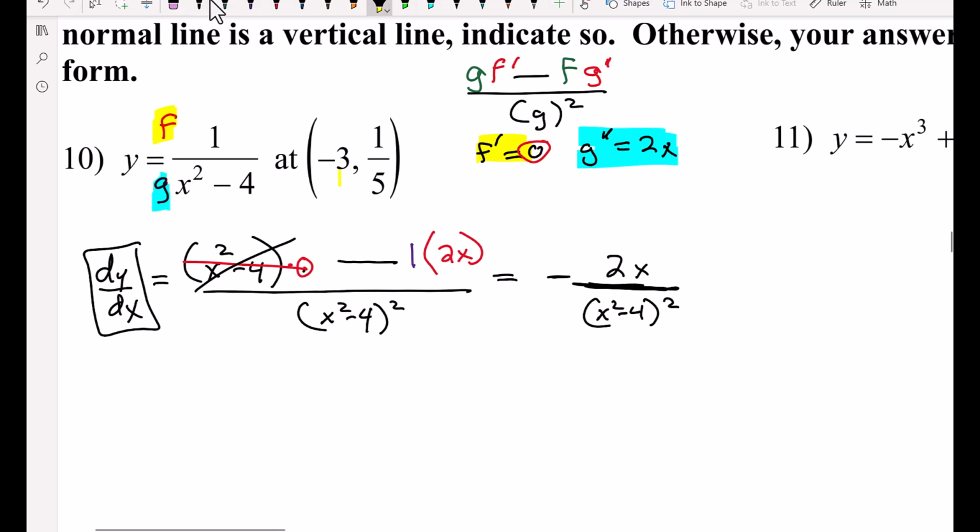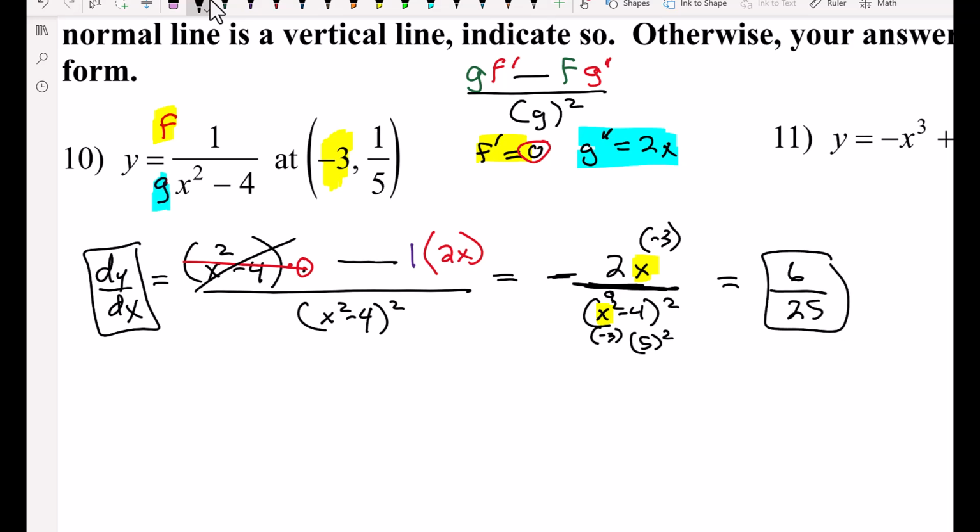Now, to find the slope of the tangent line, remember, you use the derivative at a given x value. So when we plug negative 3 into both of those x's, negative 2 times negative 3 is 6, negative 3 squared is 9, 9 minus 4 is 5, 5 squared is 25.